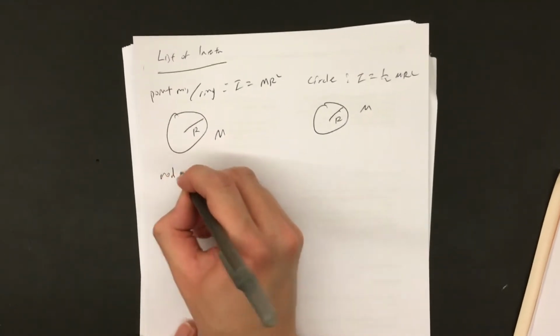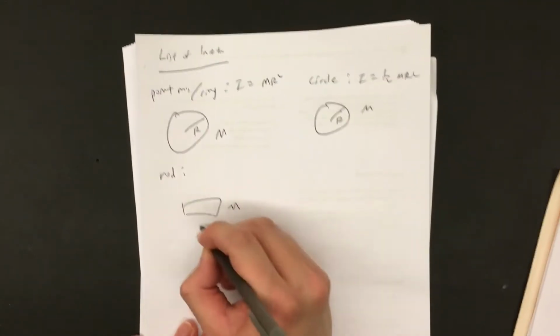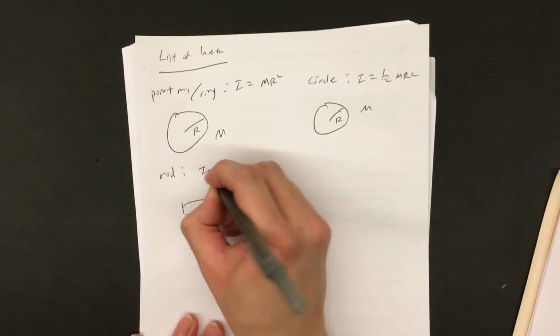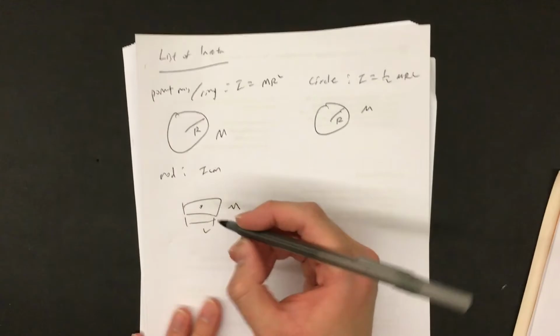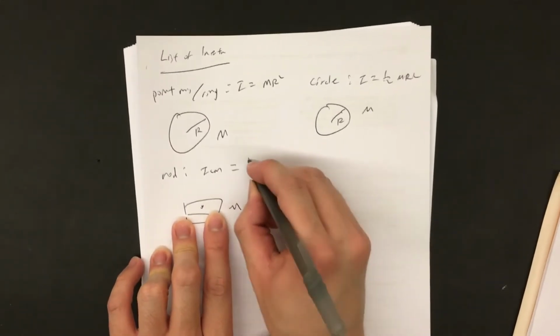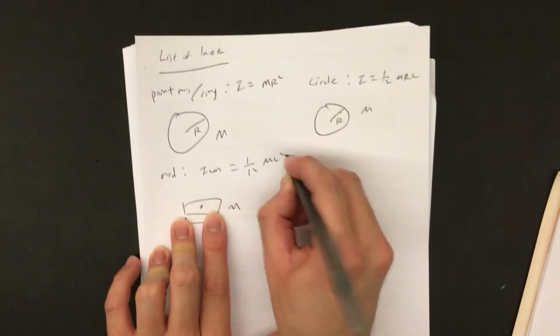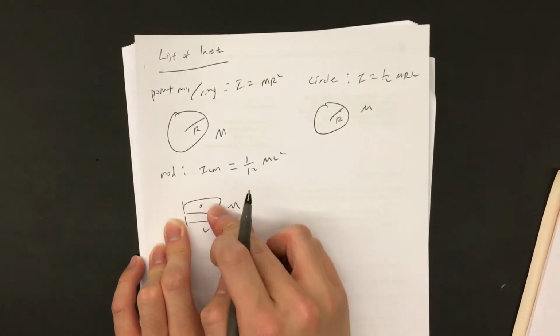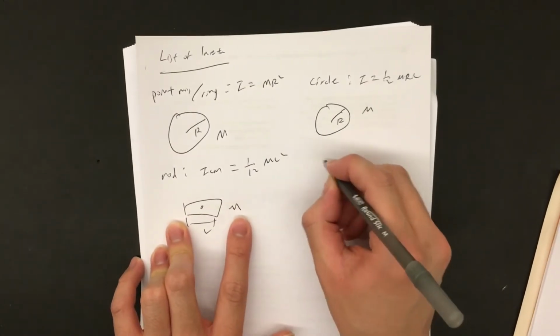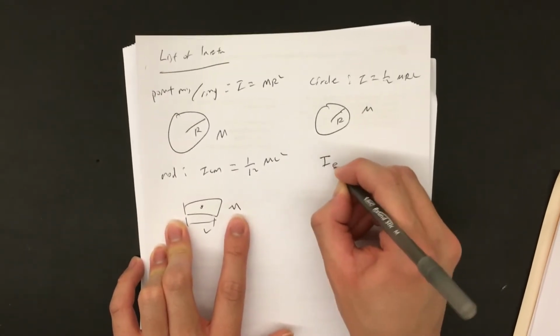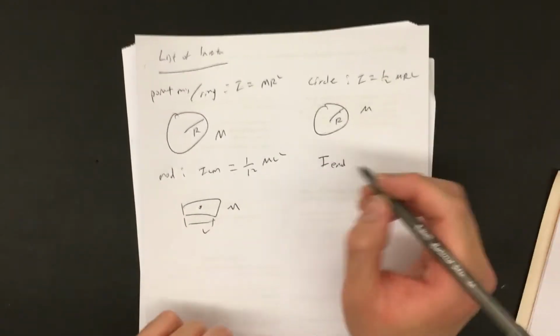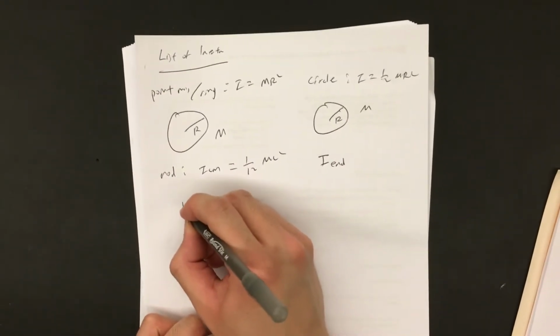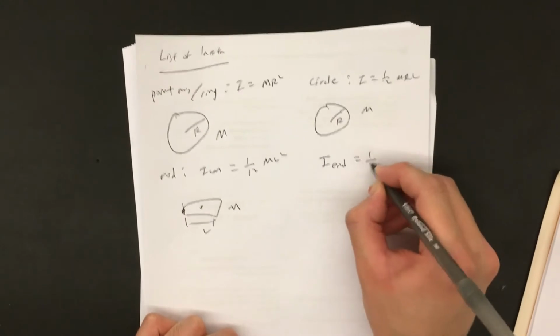For a rod of mass M and length L, the inertia at the center of mass, at the midpoint of the rod, equals 1/12 ML squared. Obviously the mass-length density has to be uniform. Also, the inertia at the end point of this rod equals 1/3 ML squared.